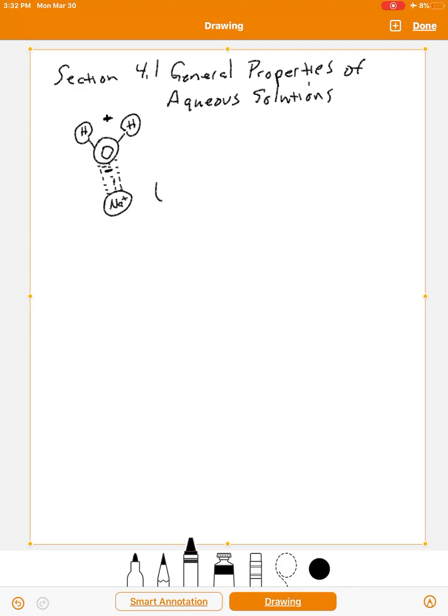And so when you put salt into water, the water molecules are liquid, right? Liquids are able to move around, rotate, and change their positions. So the water molecules will orient themselves so that the oxygen atoms can all interact with the sodium ion on the surface of the crystal, and actually pull it off of the crystal.